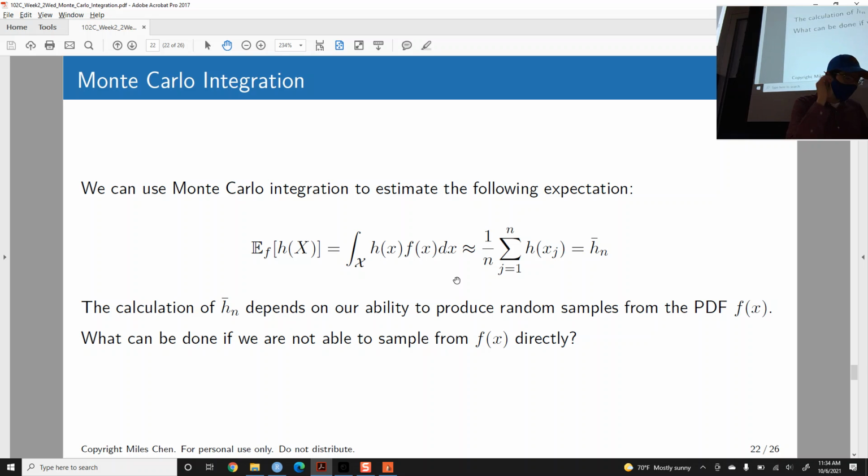So what if I give you some arbitrary function? It's not normal, it's not beta, it's not something that's built into R. And I say, I want you to do this. And you say, well, I can't generate random values from that PDF.